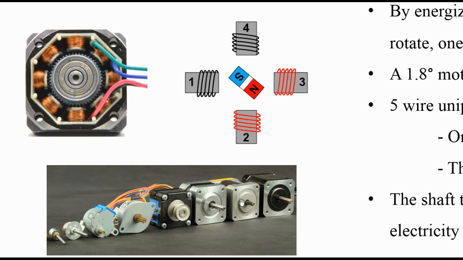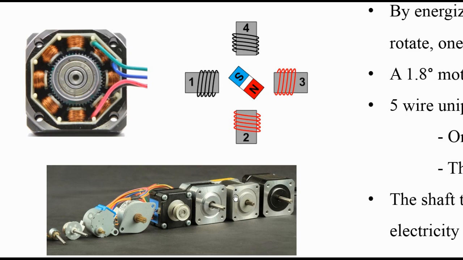Those motors look something like this if you remove the upper casing of the motor. This motor will have this kind of windings. Whenever current flows through this wire, which is the input supply wire, it will energize those coils one by one, and then the current will return back to the main supply.